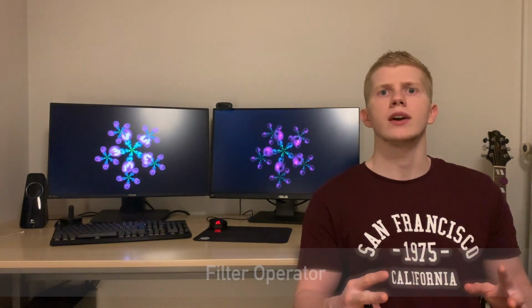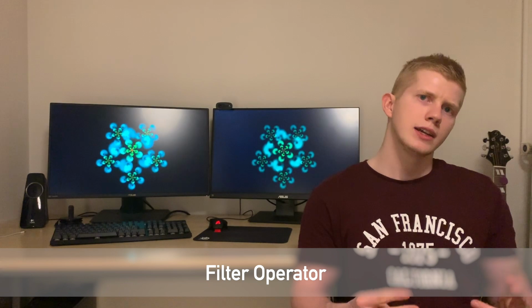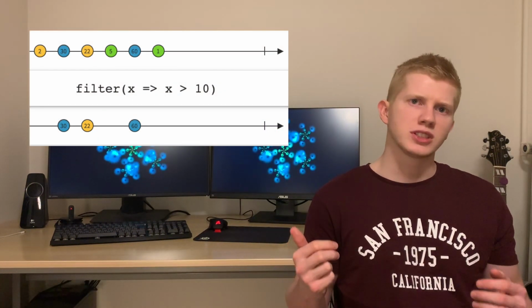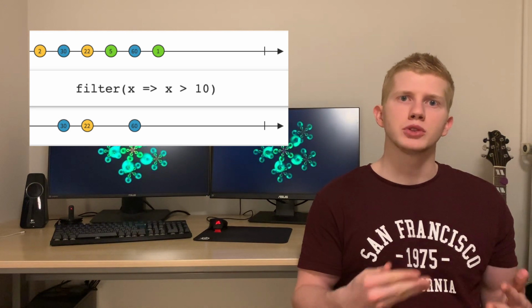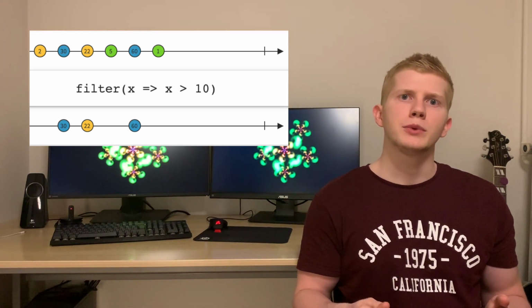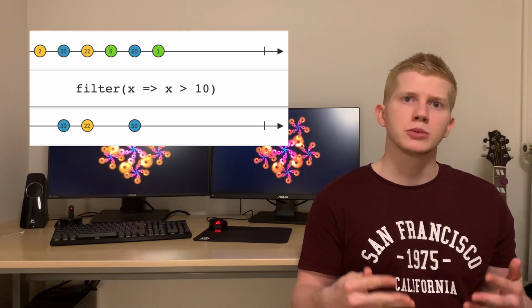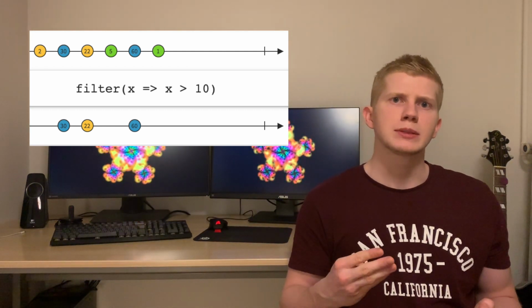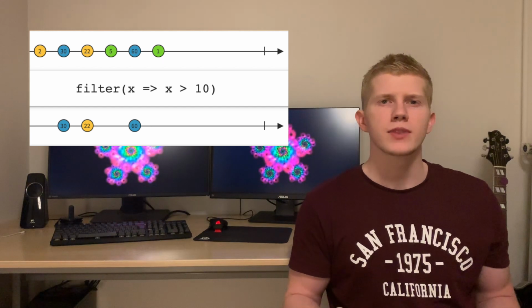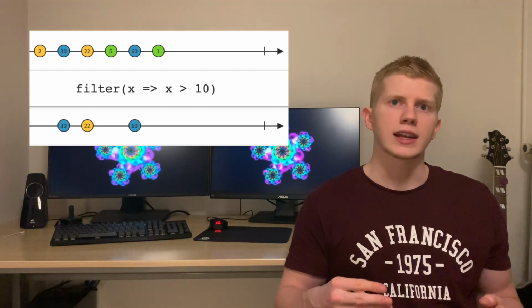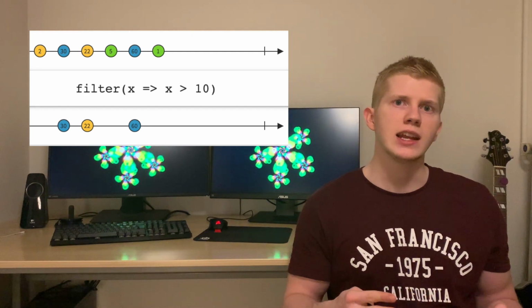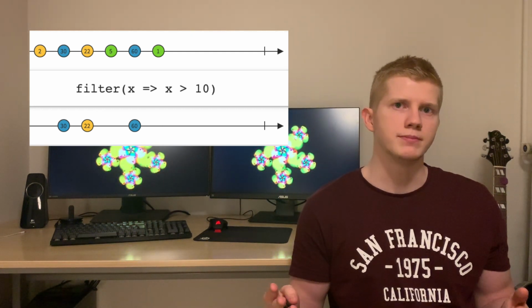The first operator on this list is the filter operator. Try and take a look at this marble diagram. The upper line represents a stream of data emitted by an observable, while the lower line represents the elements received by the subscribers. The filter operator takes a predicate as a parameter, and this predicate acts like a conditional constraint that must be satisfied by each of the elements emitted by an observable.